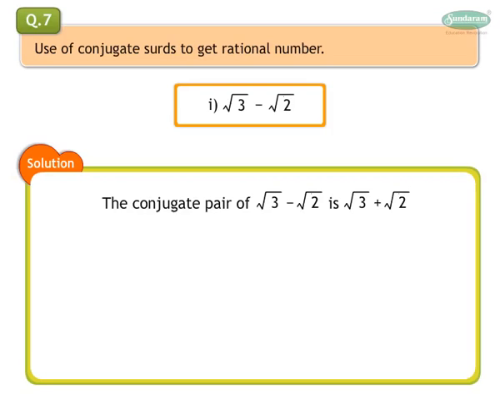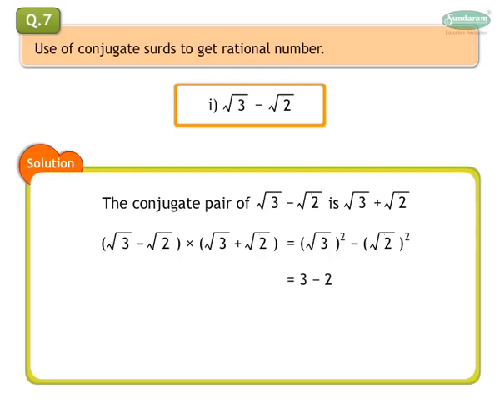Let us multiply both the expressions. Square root of 3 minus square root of 2 into square root 3 plus square root of 2 is equal to root 3 the whole square minus root 2 the whole square, which is equal to 3 minus 2, equal to 1. Therefore, 1 is a rational number.